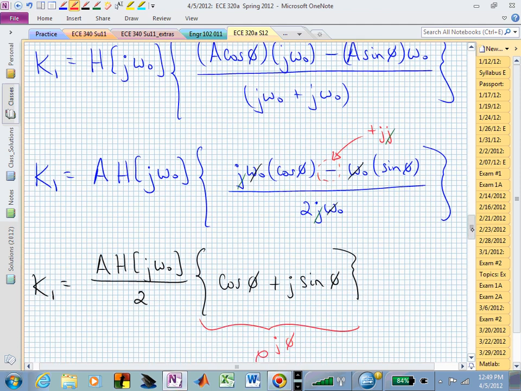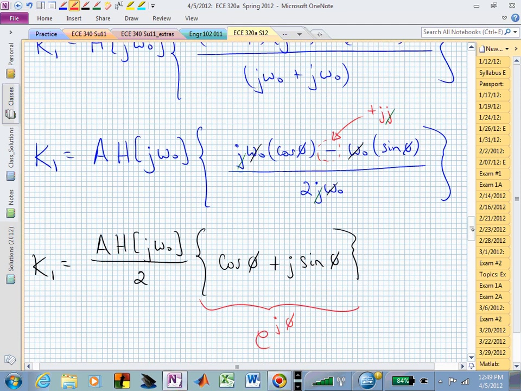If I pull that 2 out from the curly bracket, everything else in the denominator is gone. I just have a number 1 in the denominator. In the numerator, I'm left with just cosine of phi plus j sine phi, and that's begging me to say that's e to the j phi by Euler.